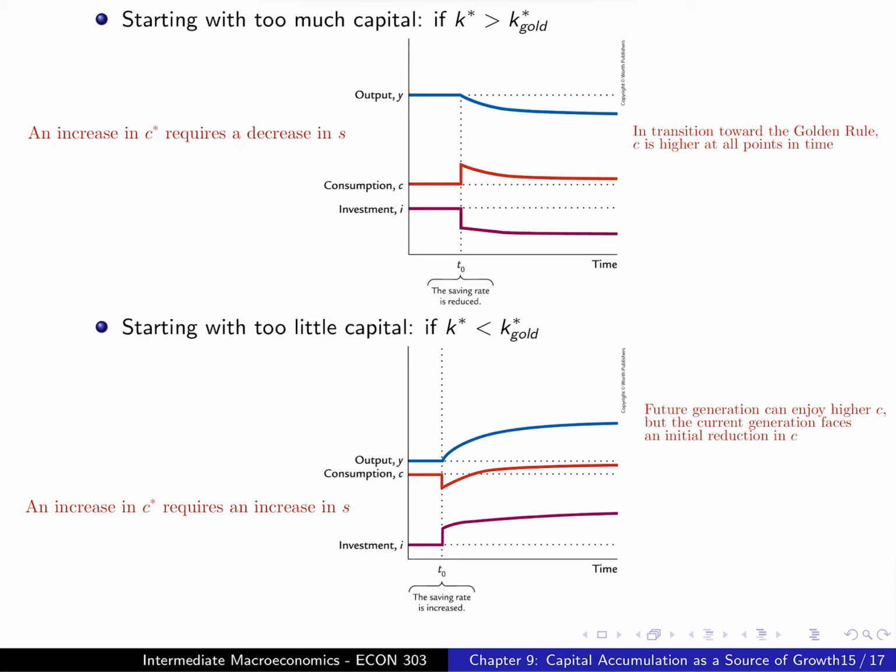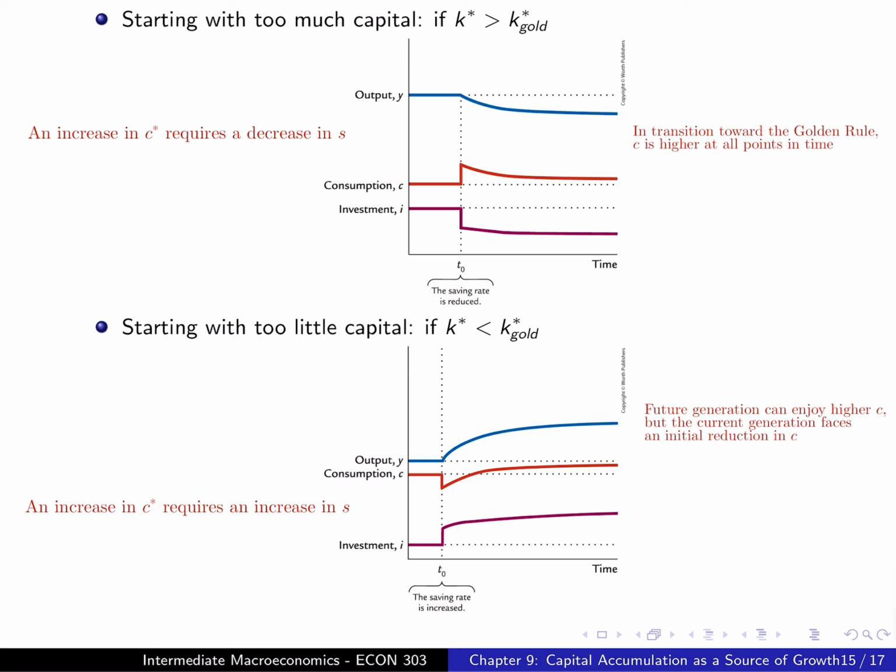Over time, capital stock gradually declines. Output lowercase y declines because it depends on capital. Consumption lowercase c eventually stabilizes at a higher level than before the policy change.